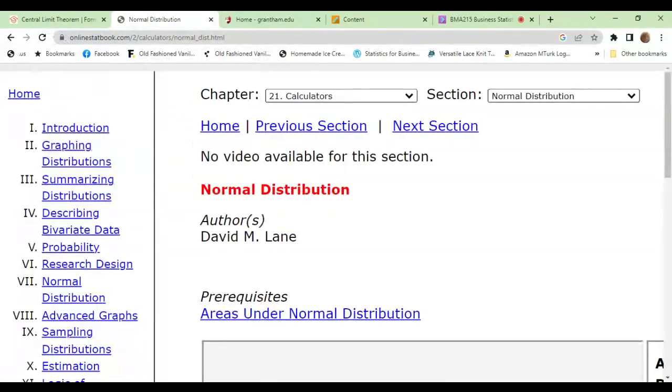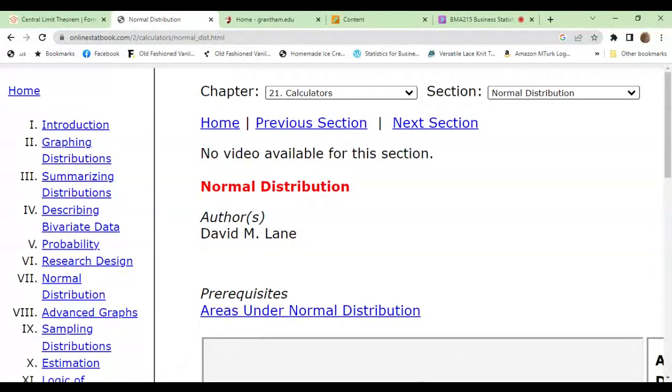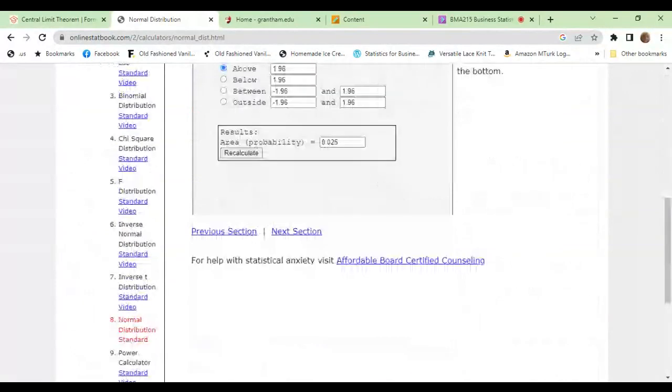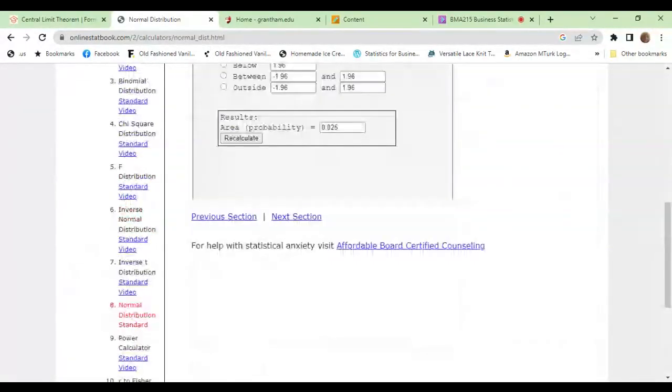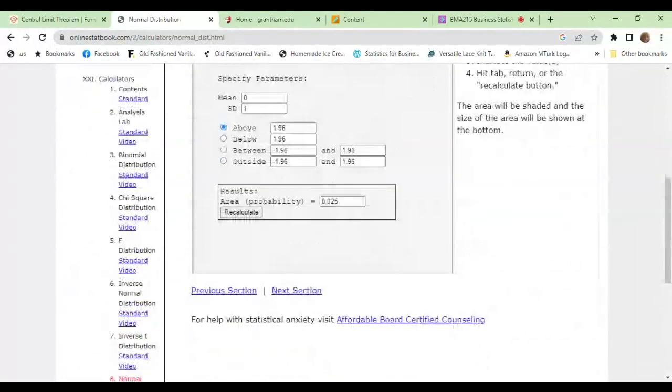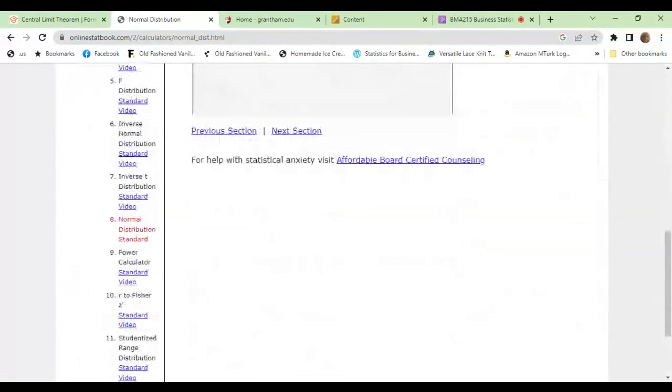Address bar is onlinestatbook.com. But again, I put that link in the announcement. So if you look at how many calculators we have on the left side, we're not going to use all of these, of course, but there's so many that has to do with statistics.